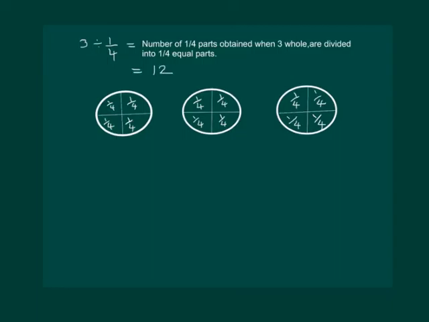But this method of finding the division of a whole number by a fraction would not be very practical. So we would define the reciprocal of a fraction and reach an easier method to find the division of a whole number by a fraction. In simple language, we can say that the reciprocal of 1 by 2 is 2 by 1.